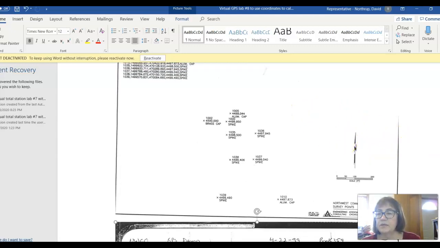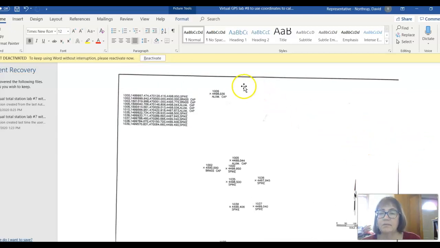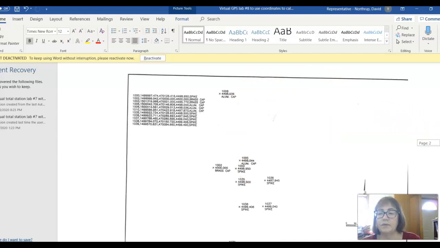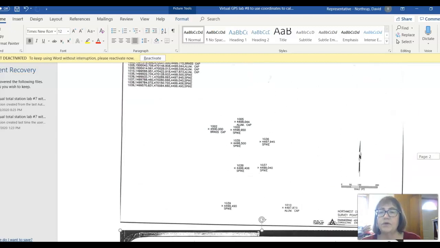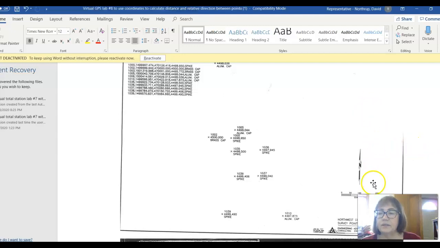And since you can see that the median, point 1006 is up here, 1005 is up here, and we can see from our data set that point 1000 is in the median, and 135 is below the median. This would be sort of south, but we're assuming north to be perfectly parallel with Division Street.